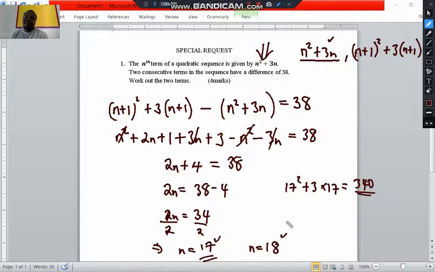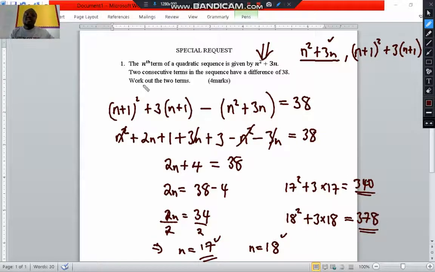Again, we do the same for n equals 18 because they are consecutive: 18 squared plus 3 times 18. If we do this, we find that the term is equal to 378.